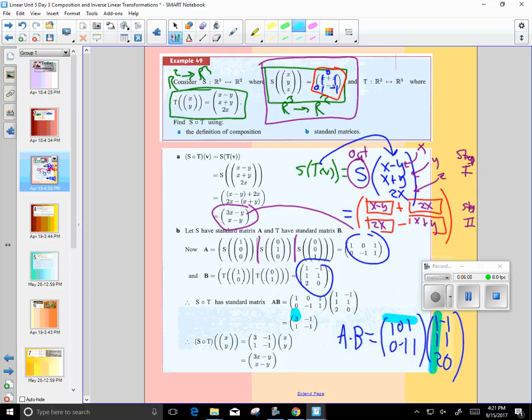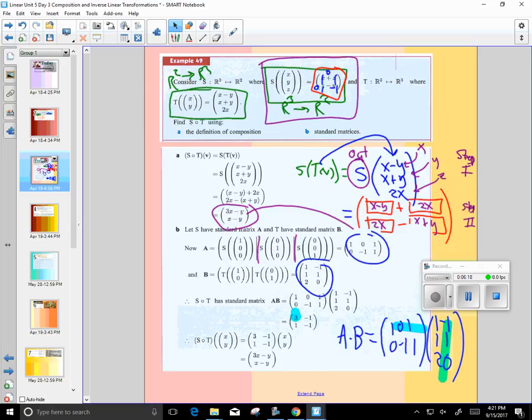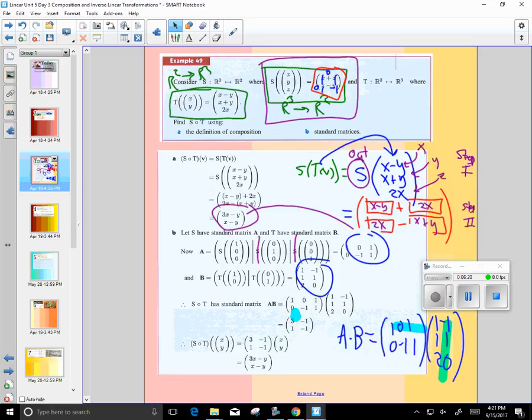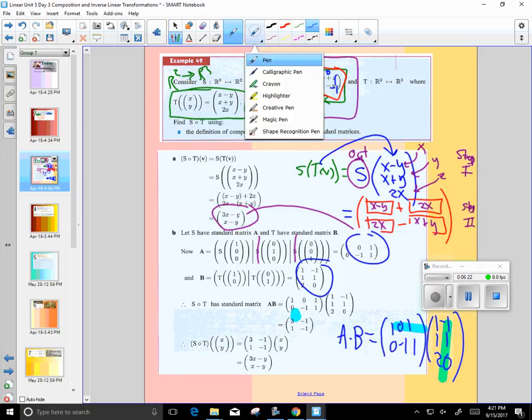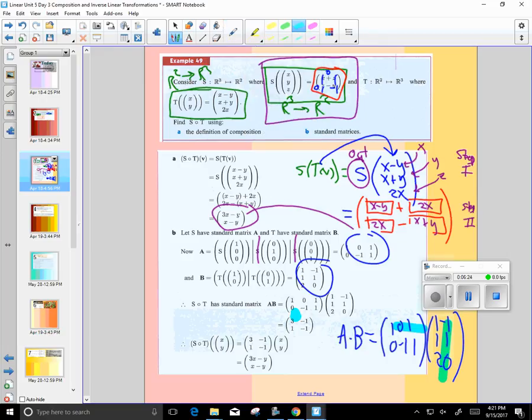Now let's go over 1, and you can see that it's going to be negative 1 plus 0 is negative 1. And then you can just keep going. And this should look familiar. It is the answer that we had for S of T of V.